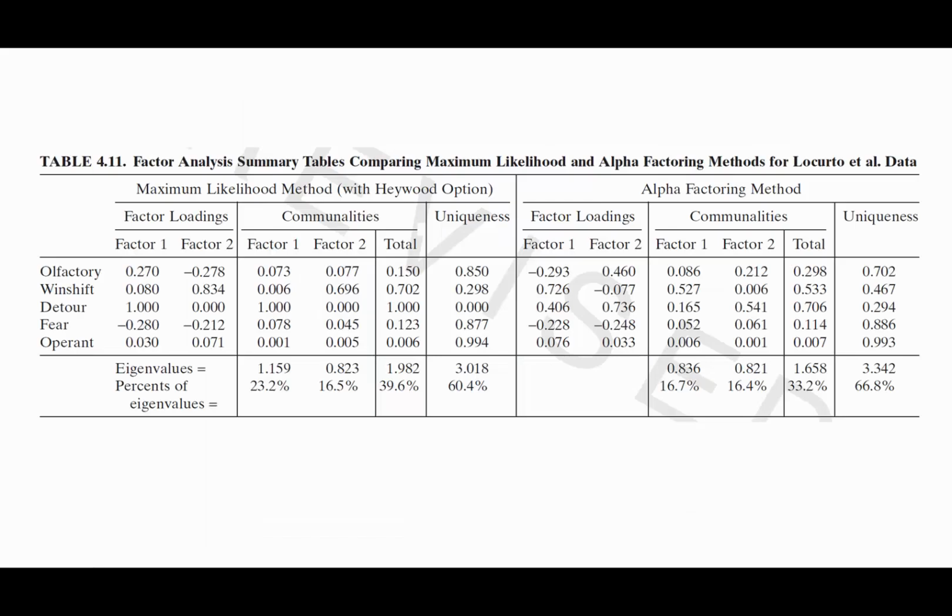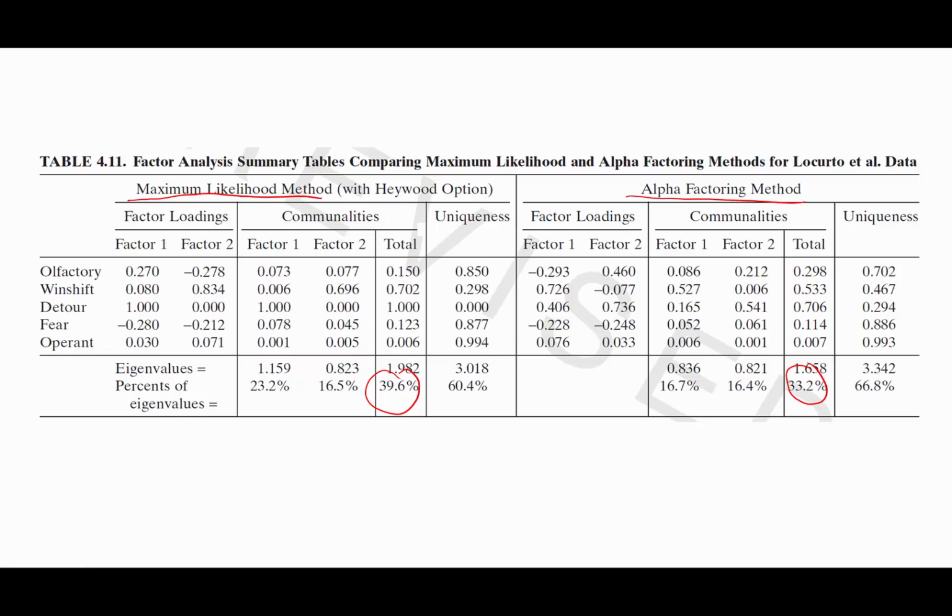Now as we conclude, we're going to look at table 4.11, comparing the maximum likelihood method with alpha factoring method. Notice with maximum likelihood we have 39.6% of the variance accounted for. With the alpha we have 33.2, which is more than the principal factor method using SMCs as communalities, and more than the iterated principal factor method, but both are still less than the principal factor method using actual communalities.